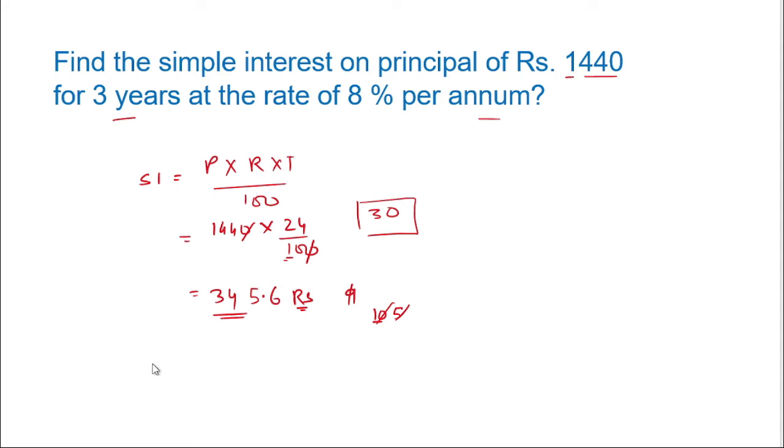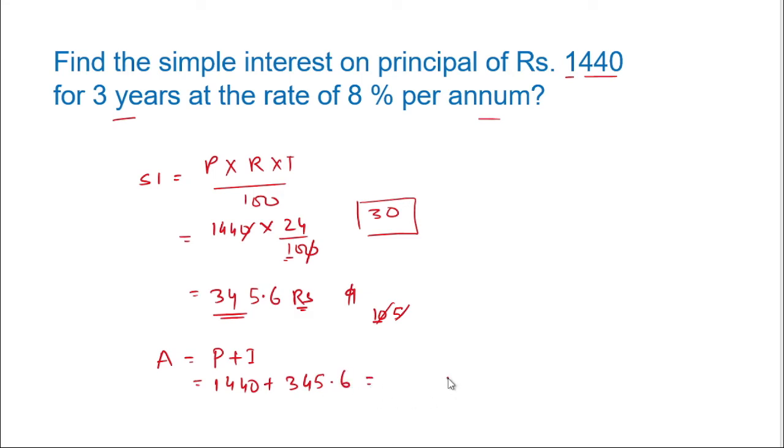Now one thing more, they could also ask the value of the amount. For taking out the value of the amount, we know the formula of amount, that is principal plus simple interest. Principal here is 1440 plus the interest we have calculated, 345.6.